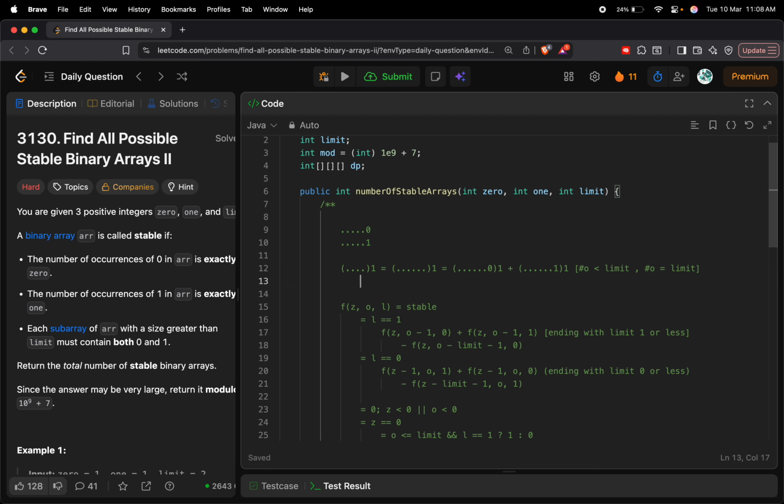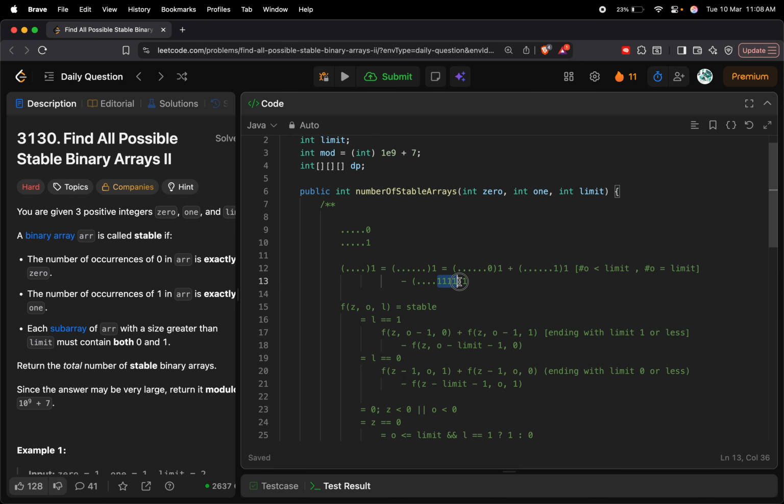So what I will do, I will identify the number of stable arrays which have the last characters as exactly limit number of ones.